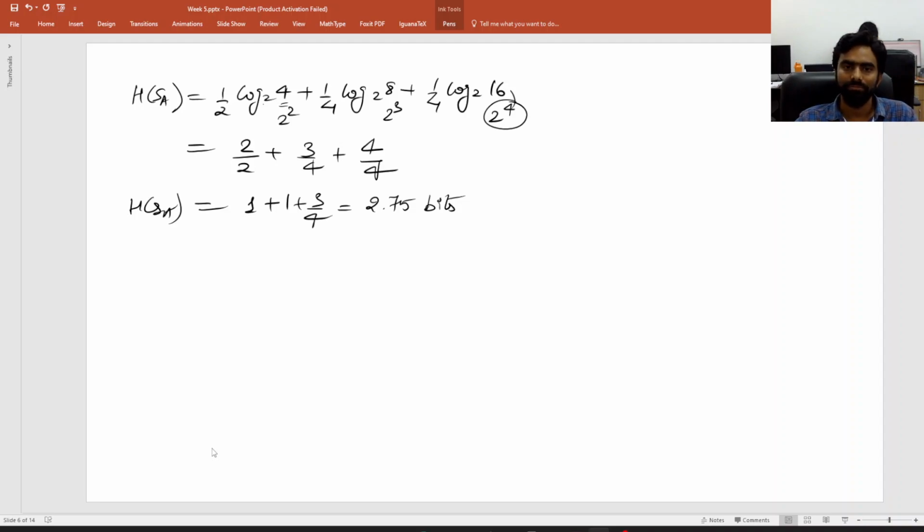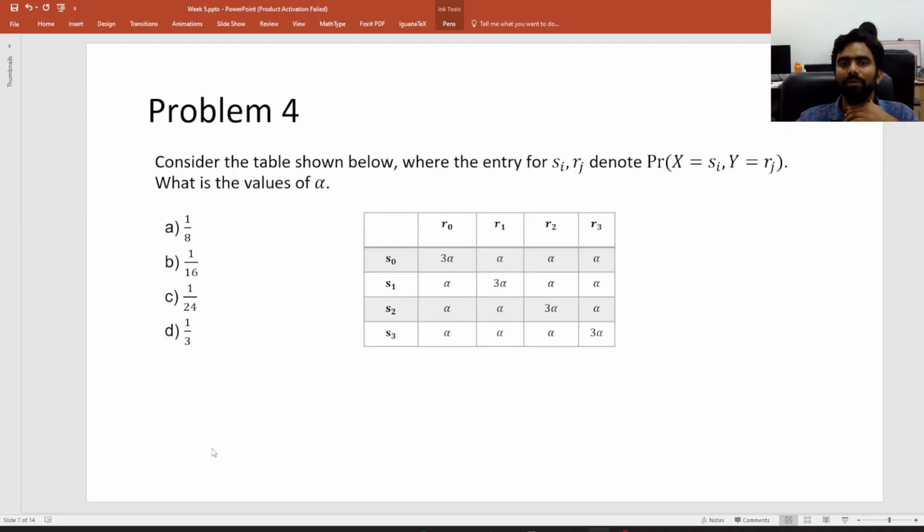Okay, so see this one and we'll move to the next problem, that is problem number 4. For the same table, where the entries are given as probability X equal to si and Y equal to rj, what is the value of alpha?